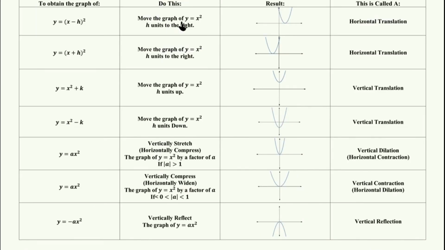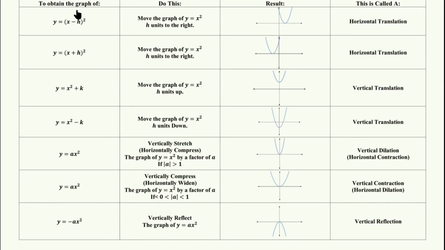All right, so here I wanted to do a summary of all these things we just learned about, and for the purposes of this table, let h, k, and a all be positive so that this will make sense. Let's say you know what the graph of x squared looks like, which we do. It's just a reference, y equals x squared.